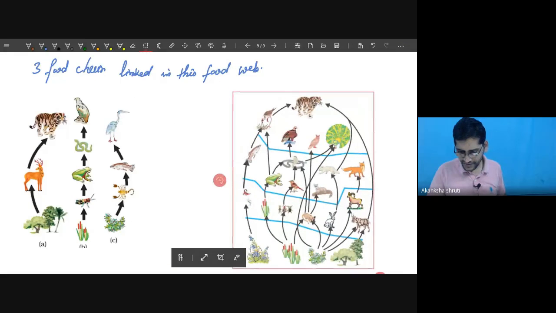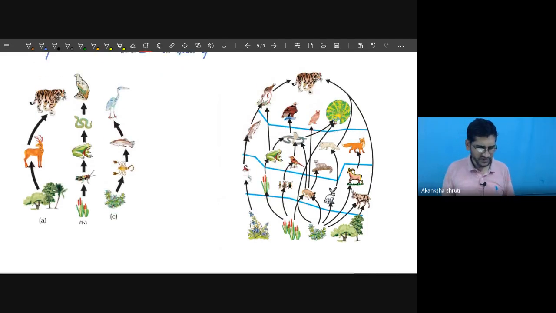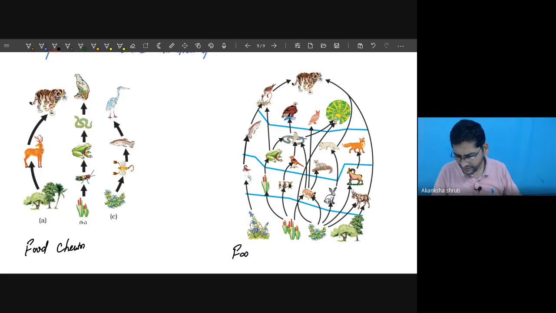So which is more common? The second one is more common. So the first one is our food chain. And the second one is our food web. So this is more common.